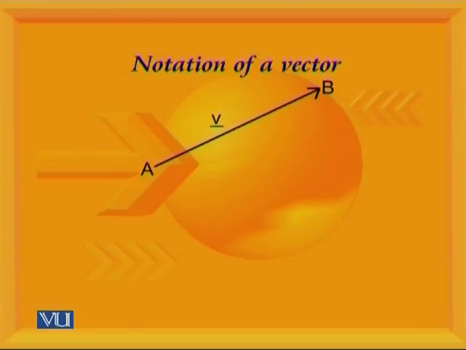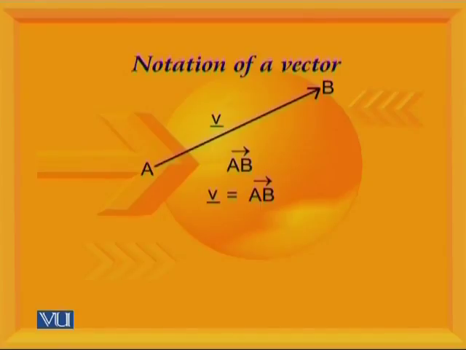The notation for vectors, if we are given the tail and head, just like here, then AB with this arrow on top is one of the notations, or a small letter underlined, or in print it is a bold type.